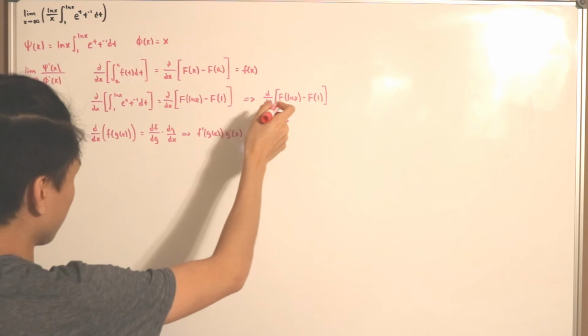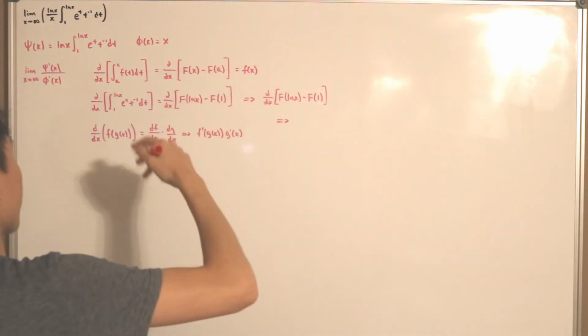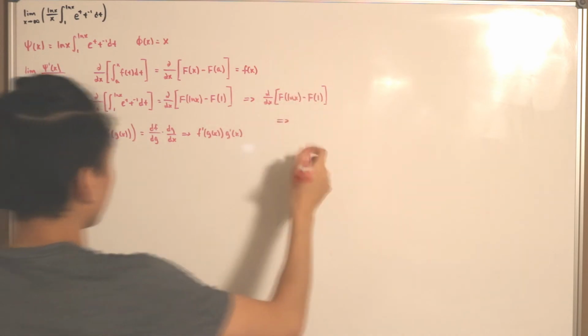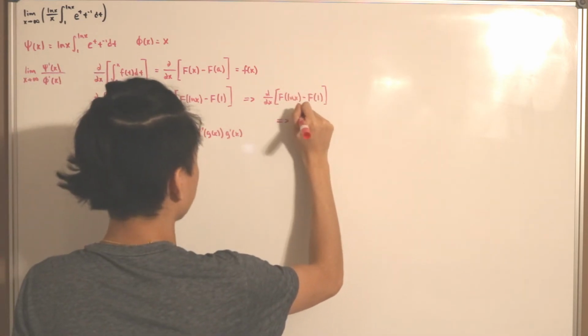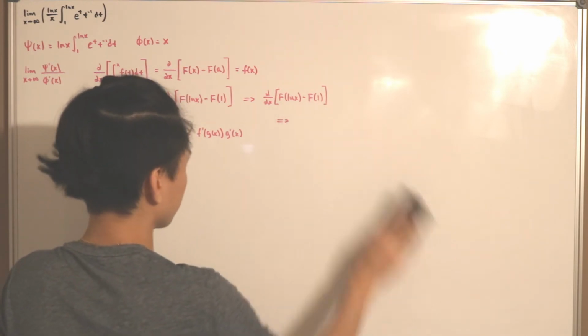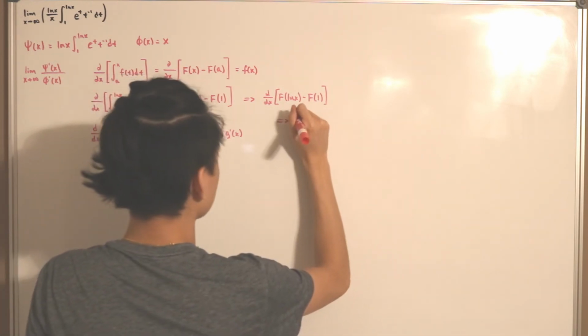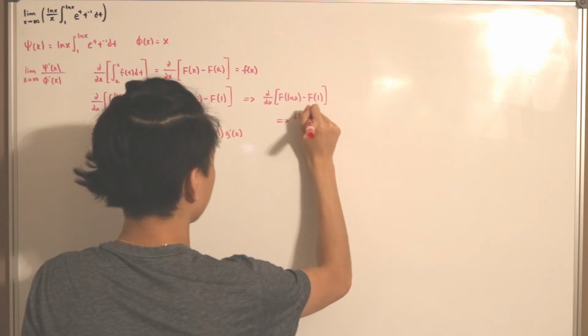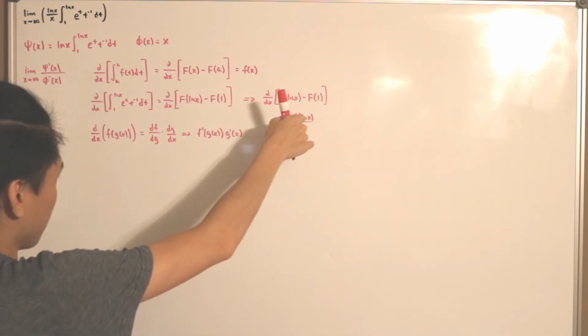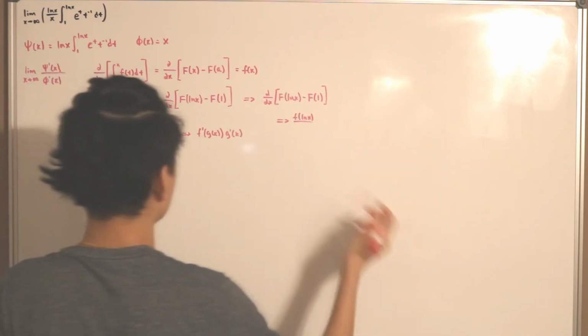When we take the derivative of capital F, we're just back to f, stated from here, and then plug in our ln of x. So this is supposed to be f of ln of x, and then take the derivative of the inside, the derivative of ln of x, which is just 1 over x.